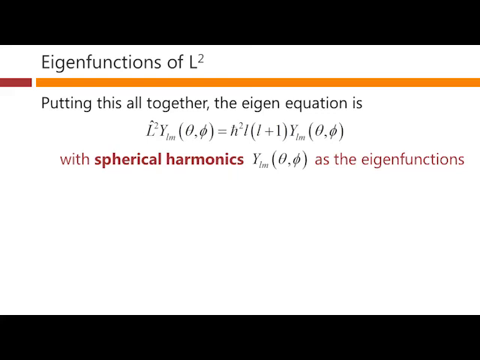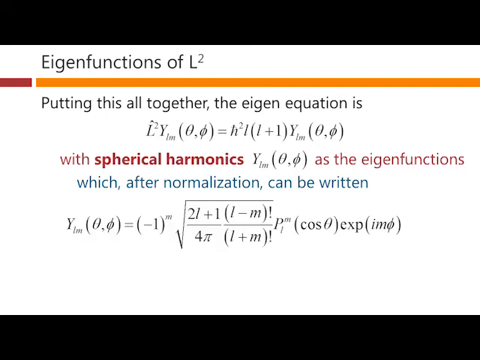And these are the eigenfunctions of this equation. And after normalization, these spherical harmonics can be written out as these associated Legendre polynomials here, e to the im phi from the phi part of the problem, and some prefactors out front to get the normalization right.